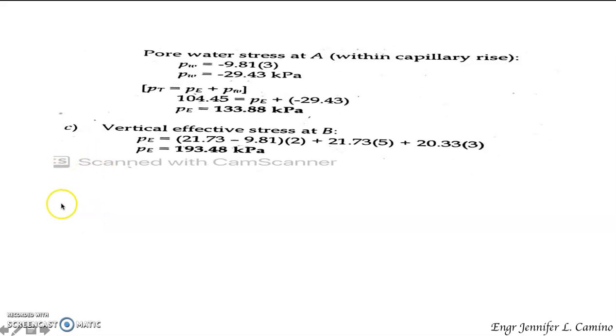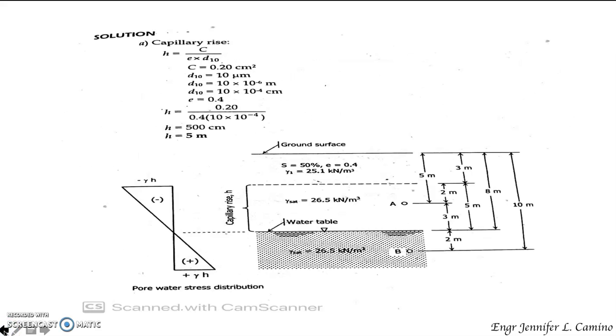And the last one is to compute the vertical stress at point B. This is our point B. For the effective vertical stress at point B, we solve first for our total stress. The total stress at point B will be equal to 2 times our saturated unit weight, 21.73, plus 5 times the saturated unit weight 21.73, plus 3 times the unsaturated unit weight, which is 20.33.